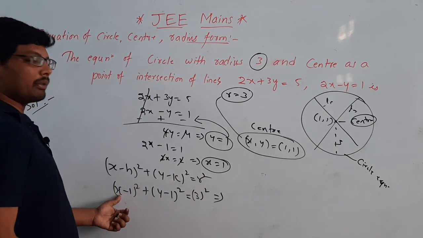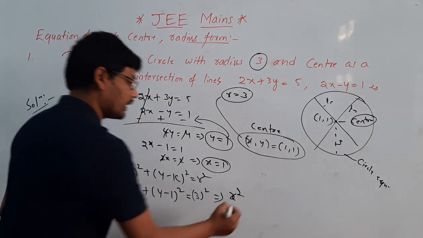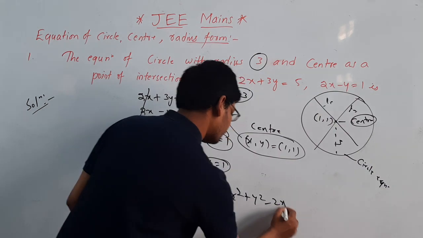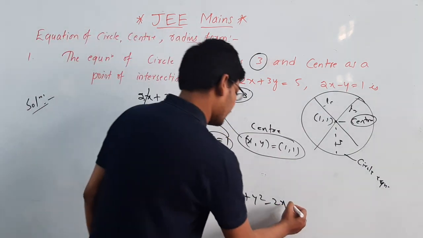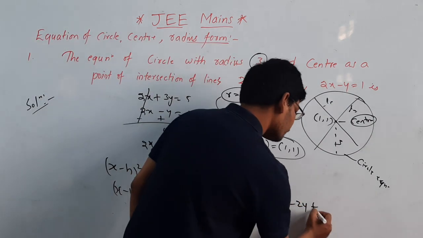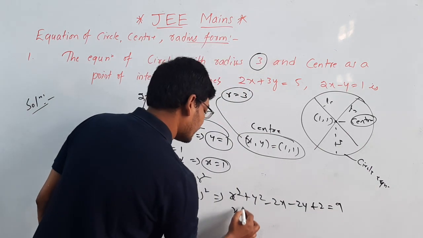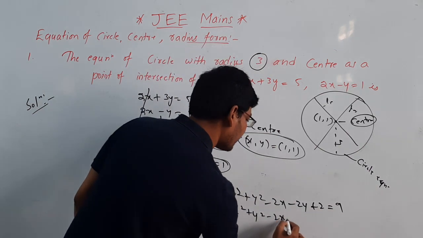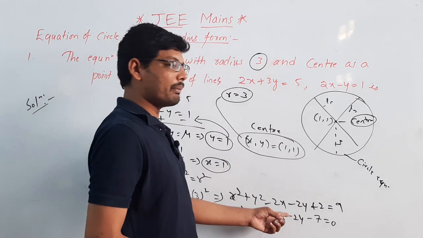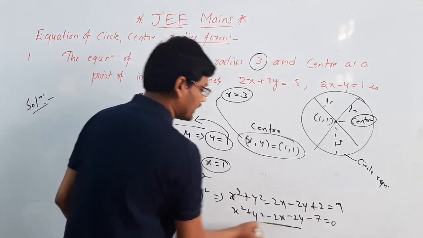That implies, I am directly simplifying: x square and y square, minus 2x, minus 2y, and 1 plus 1 is 2, is equal to 3 square, which is 9. Finally, x square plus y square minus 2x minus 2y minus 7 is equal to 0. If you bring 9 this side it becomes minus 9, and 2 minus 9 is minus 7. This is the answer for the equation.